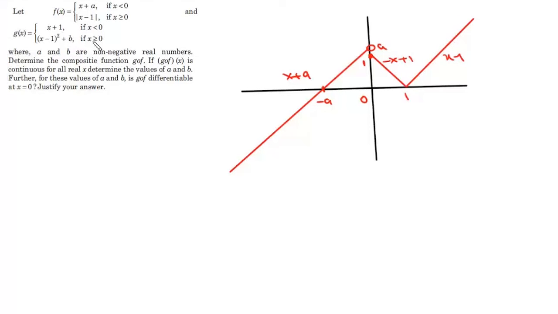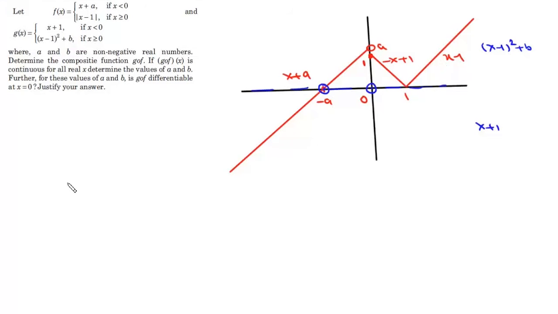Now the definition of gx changes at x less than 0. So in this part, the definition is x plus 1, and here the definition is x minus 1 whole square plus b. And we have this point of intersection. We have this definition change here, and at 1 we'll go with this definition.